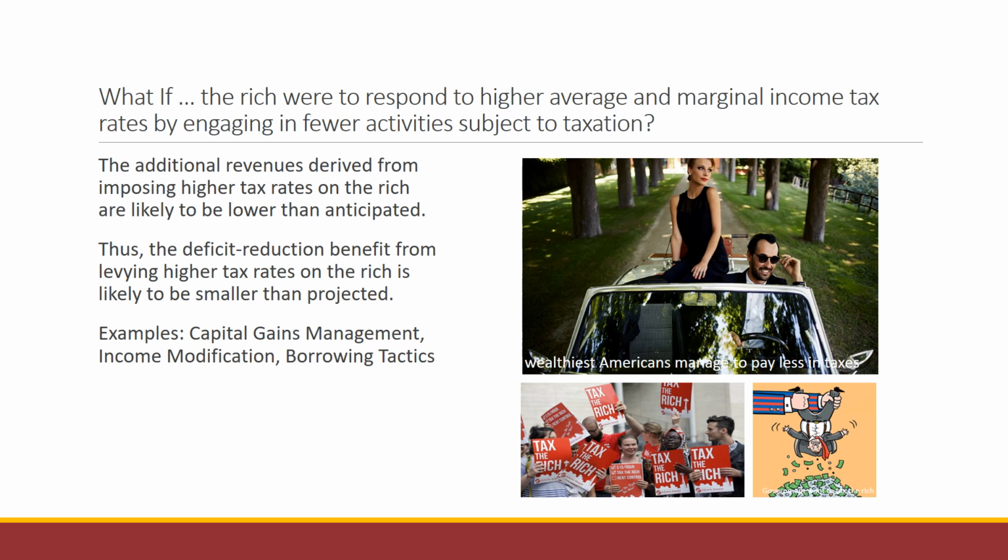Thus, the deficit reduction benefit from levying higher tax rates on the rich is likely to be smaller than projected. For example, through capital gain management, income modification, and borrowing tactics, there are several ways they find to pay less tax. So even if the projection was on collecting more tax, it is actually less.